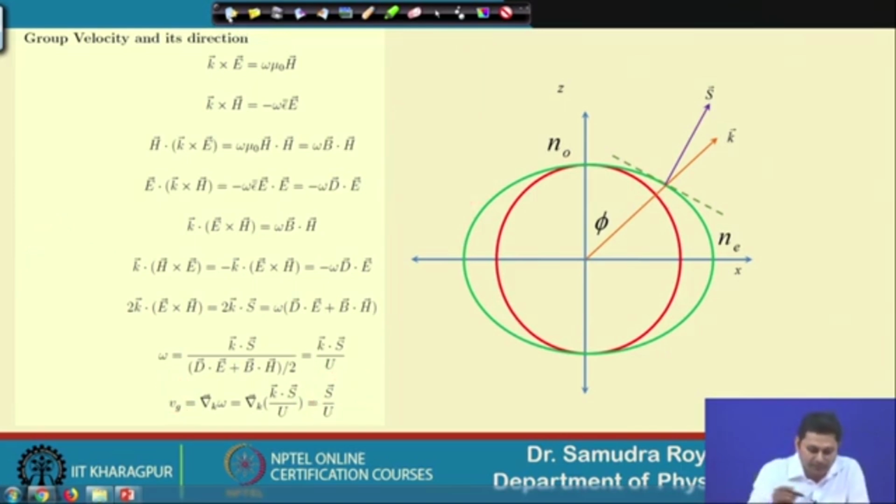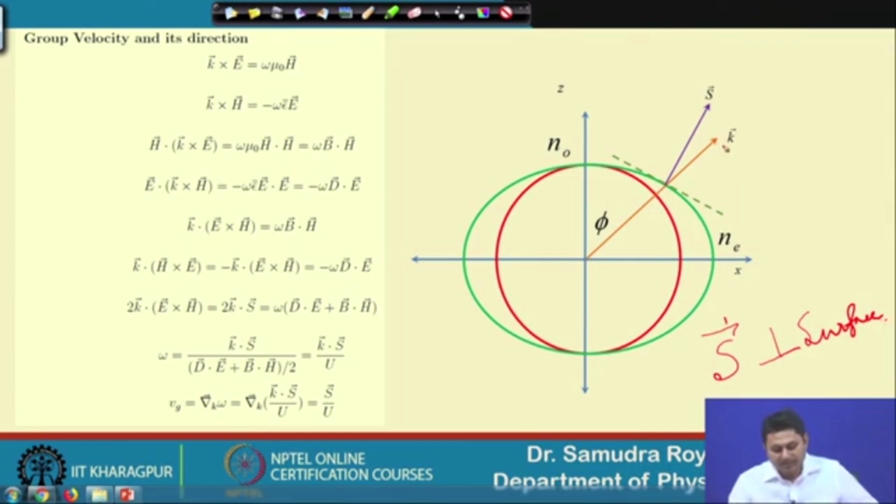Now, if I try to understand these things, we will find that in an isotropic system, the energy flows perpendicular to the surface. So S is the energy that is flowing perpendicular to the surface of this index. That is a very important thing.